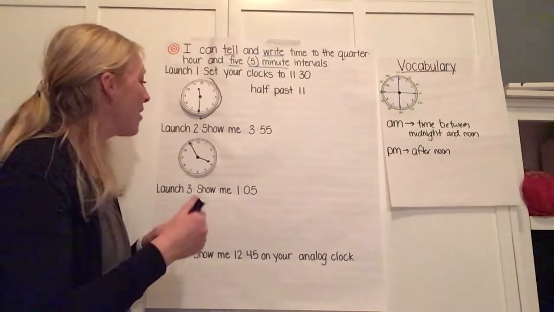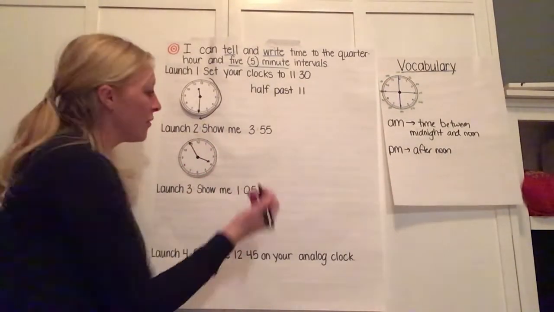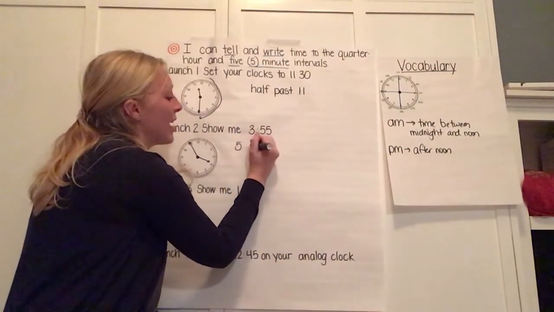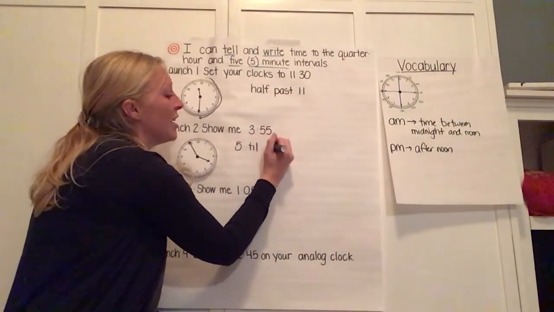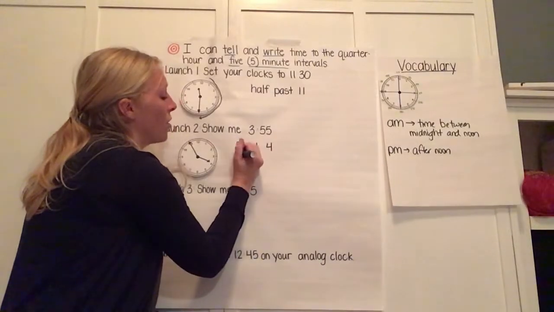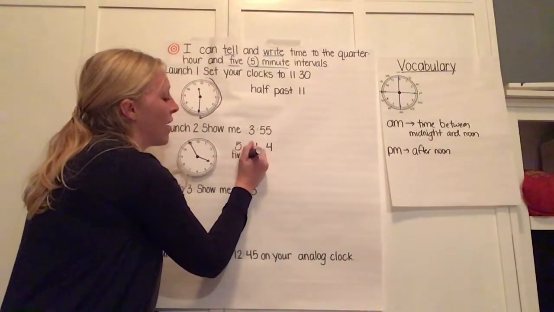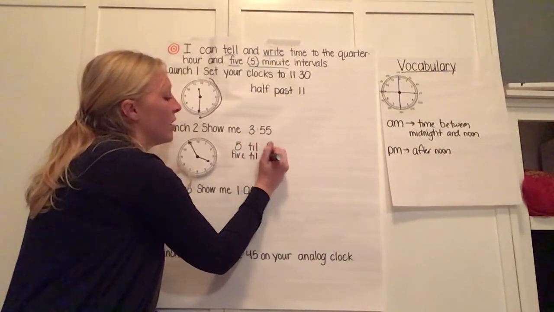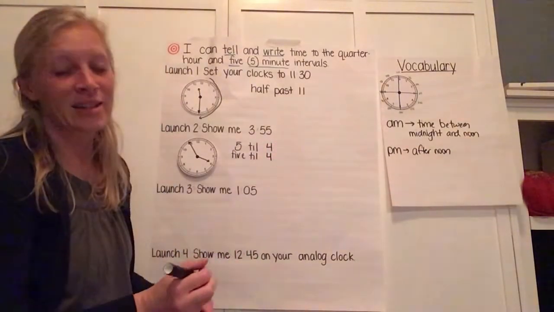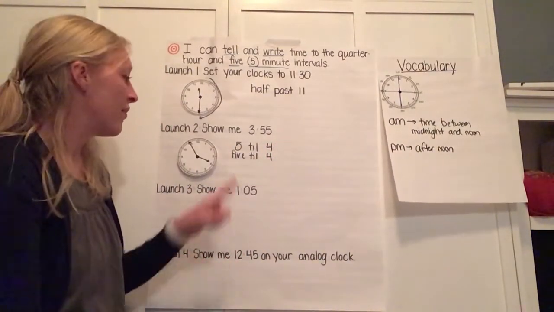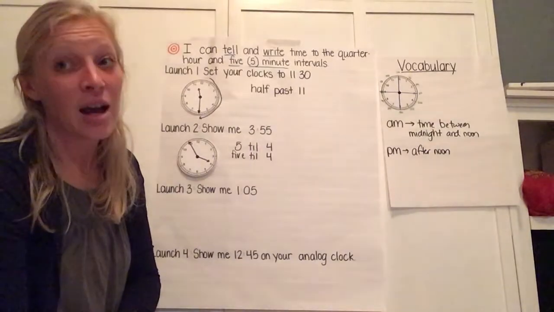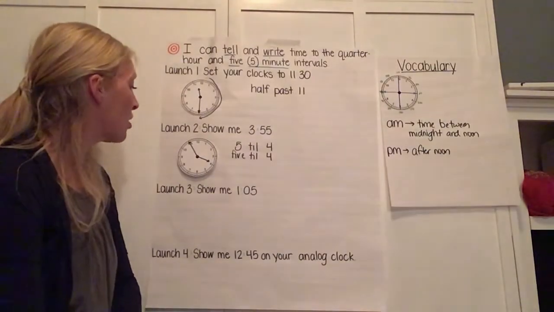Have you ever heard that? Instead of saying it's 3:55, we might say it's 5 till 4. Or I would write it out maybe 5 till 4, which is short for until. It's close to 4. In fact, it's only 5 minutes until 4 o'clock.